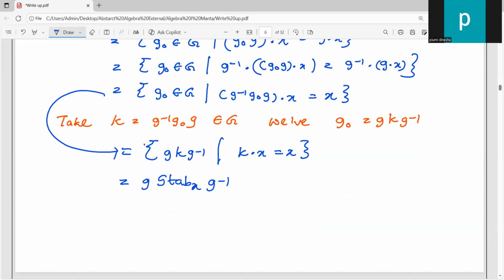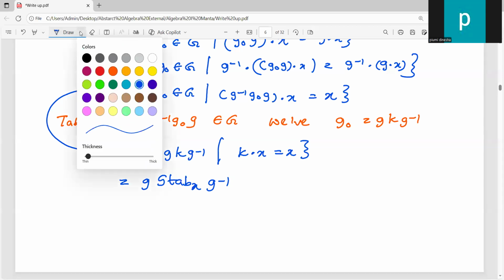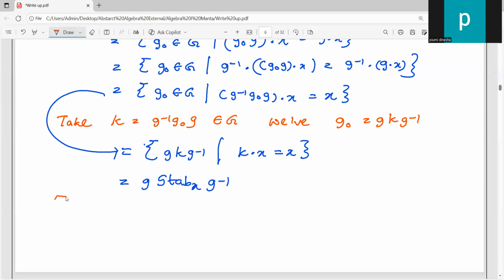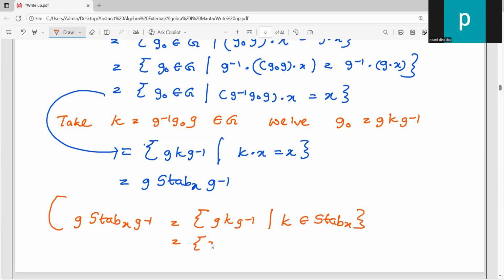Is it clear? For example, if I write this set separately, g stab x g inverse, how do we define this set? It contains elements of the form g k g inverse, where k comes from stab x. In other words, g k g inverse.